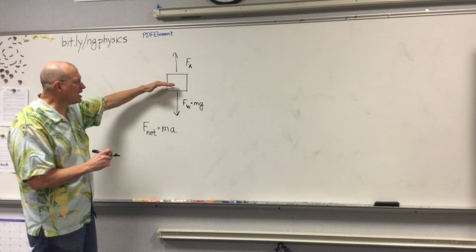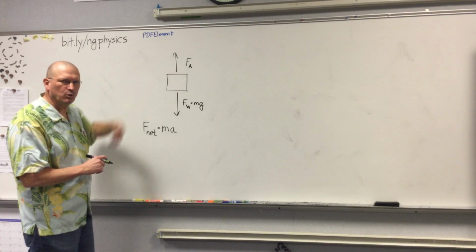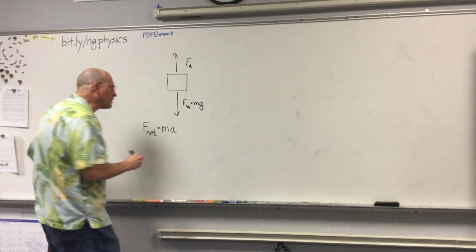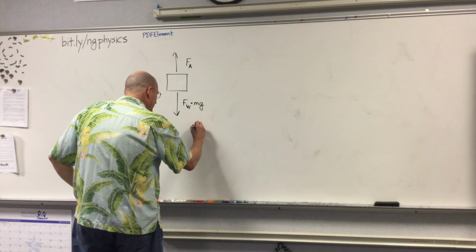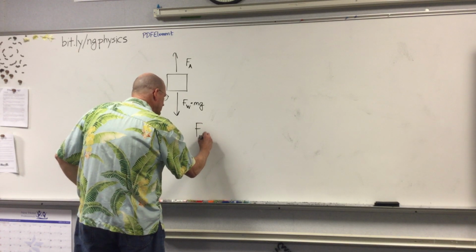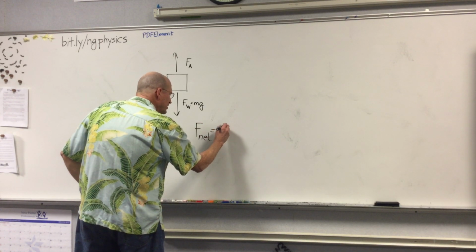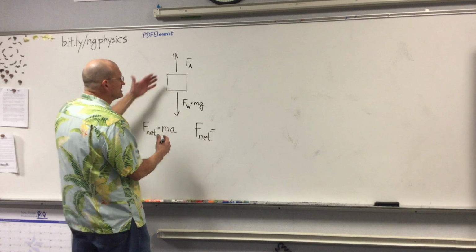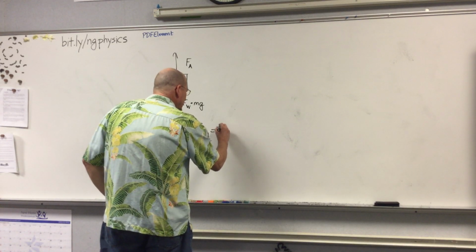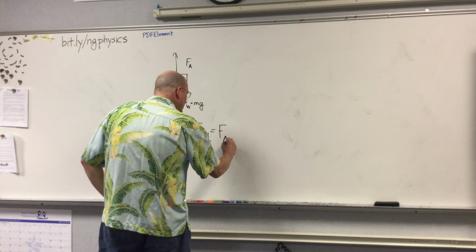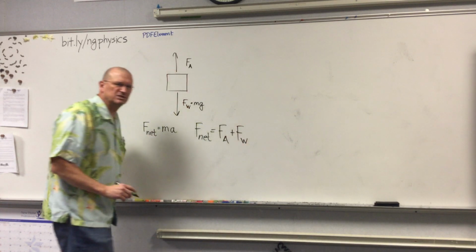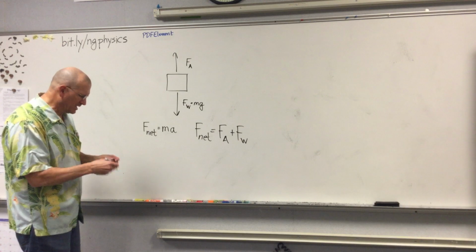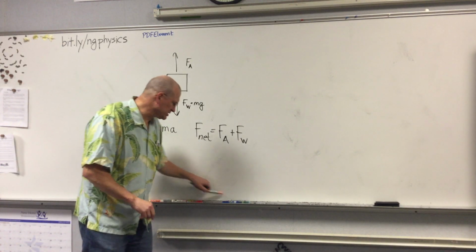This is the object actually picking up or losing speed in that problem. And then the other F-net equation is the concept that you add all of the forces together, and in a standard vertical problem like we have here, it is just the sum of these two forces in our free body diagram.